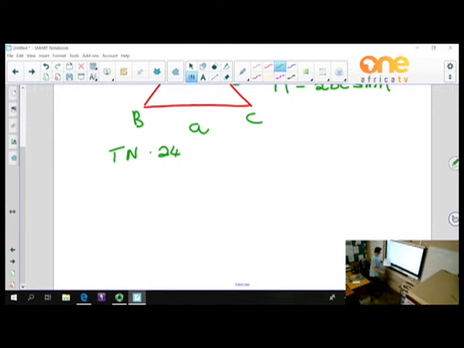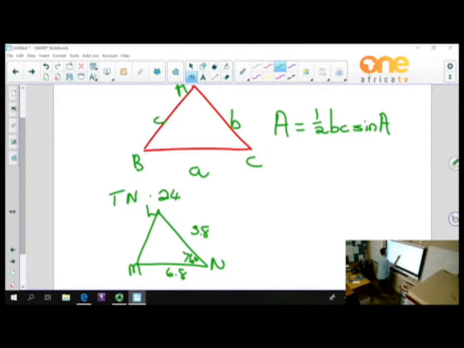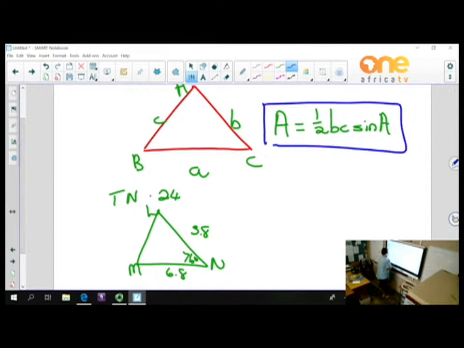In the triangle LMN, now I'm going to draw it just to get the idea. LMN, what are we talking about here? They say MN is 6.8, NL is 3.8, and N is 76 degrees. There you can see it's the two sides and the included angle. So we're using this formula, half BC sine A. This is what we're working with here.